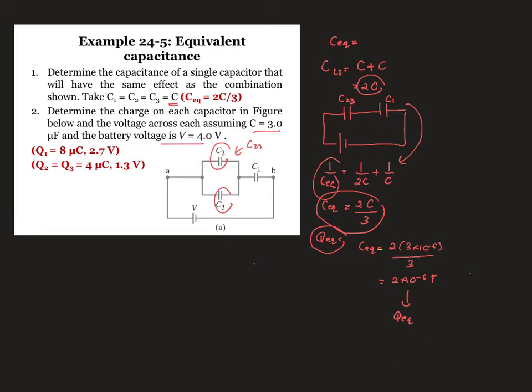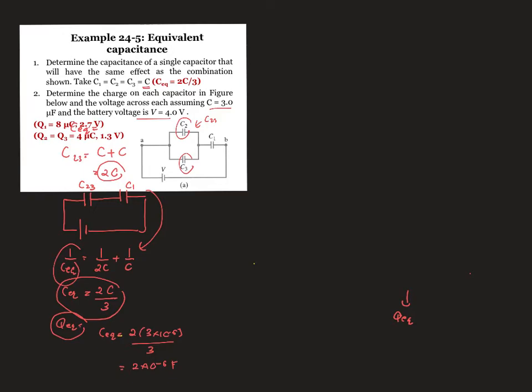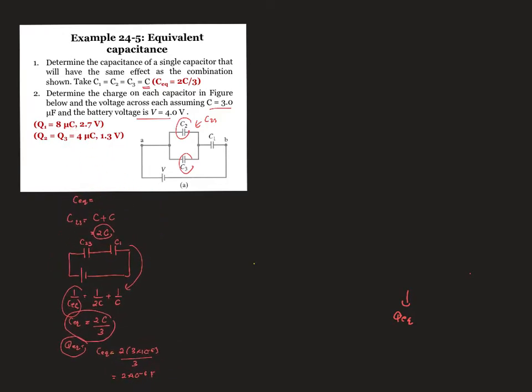Let me transfer here first. So we need to find the Q equivalent first. Q equivalent equals C equivalent times V, so we get 2 times 10 to the power of negative 6, and the potential difference is 4, so you get 8 microcoulomb.